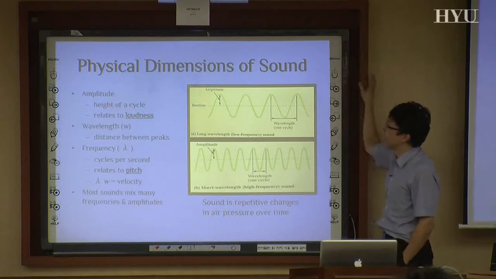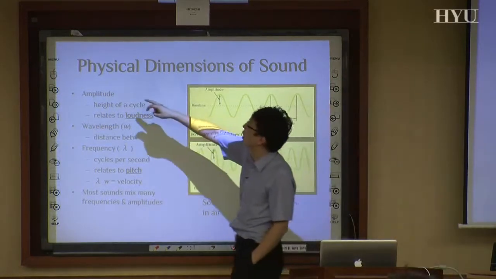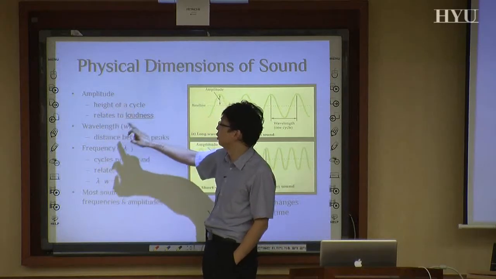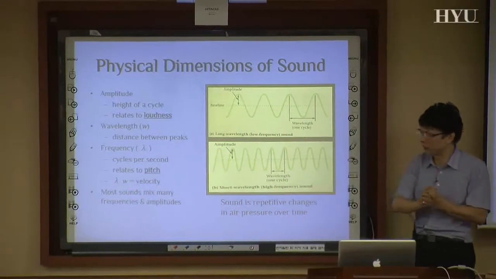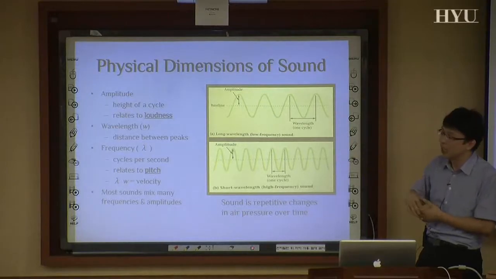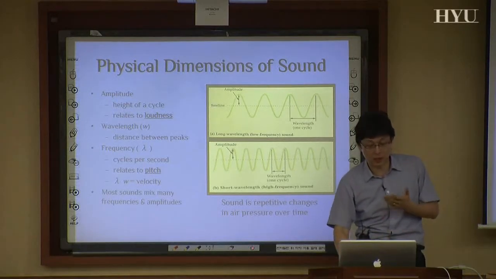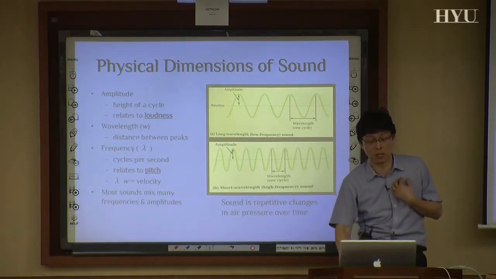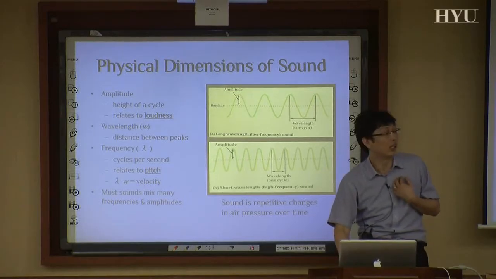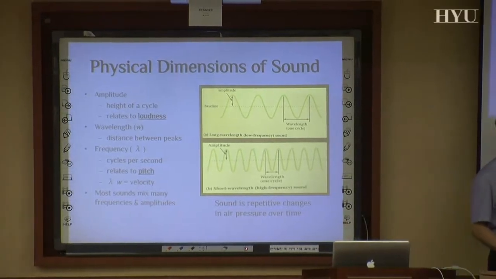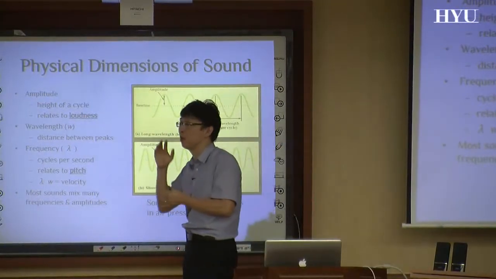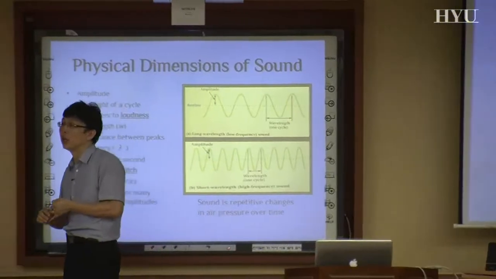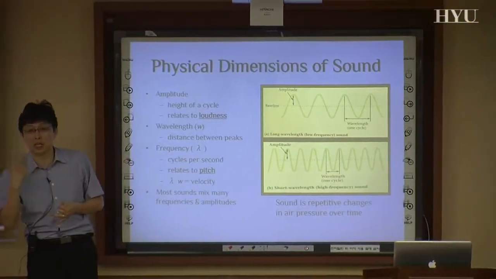So the physical dimensions of any sound are amplitude, wavelength, and frequency. That is your physics studies. But our perceptual dimensions are different from the physical dimensions. Like RGB, red, green, blue, is a color reproduction mechanism for computers, but we don't use RGB in our perception.